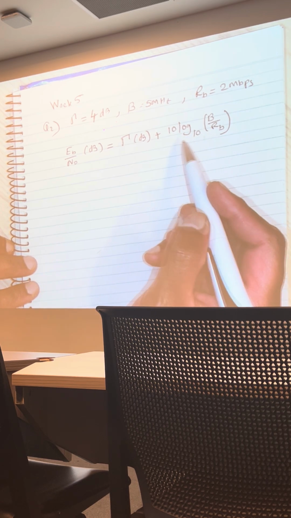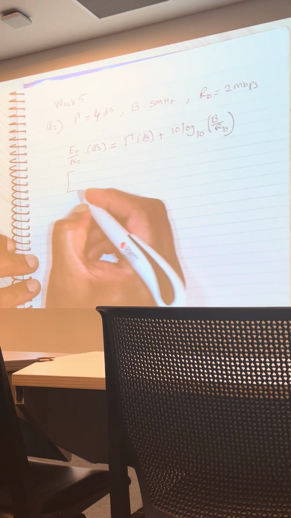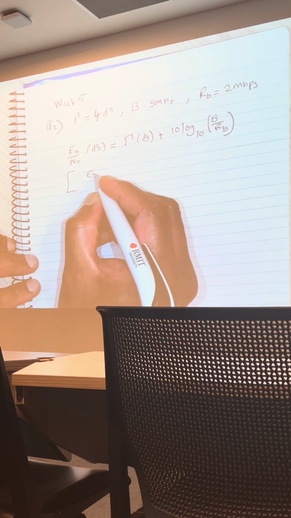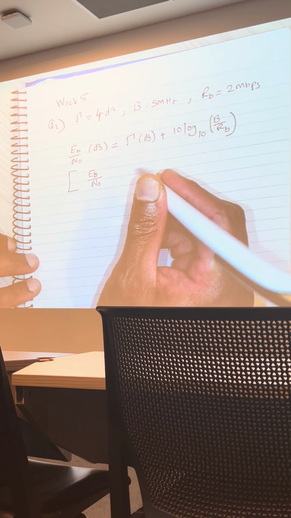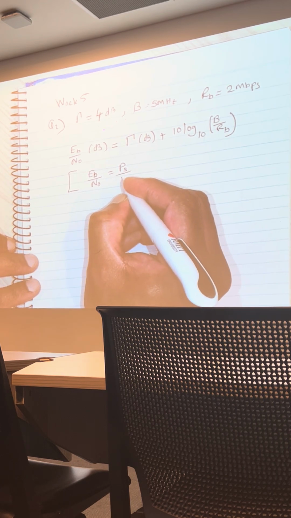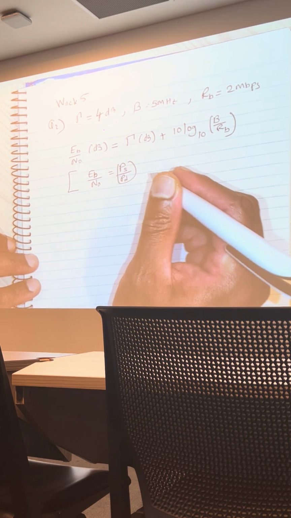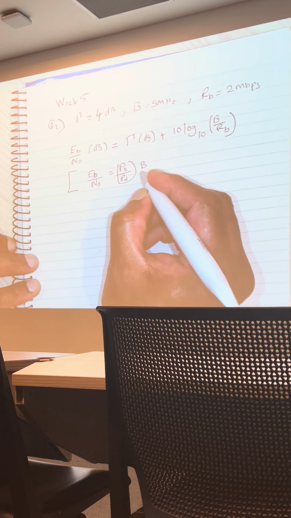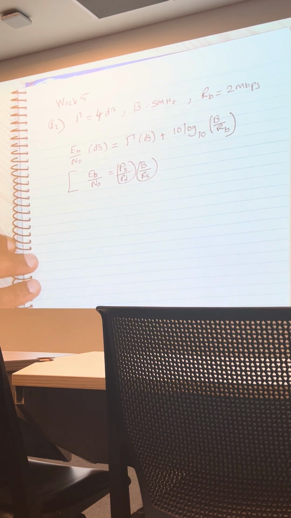In other words, the real relationship in linear units is the signal to noise power ratio times bandwidth on Rb.